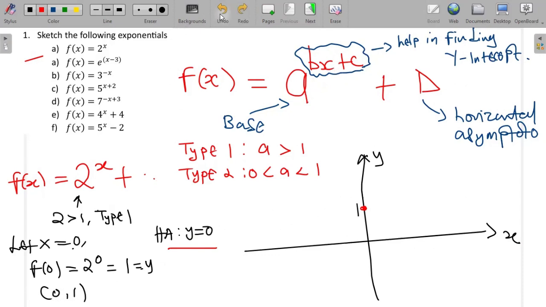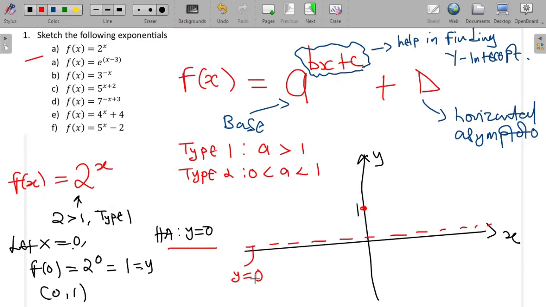So let's plot the horizontal asymptote. It's just y equals 0, the same as the x-axis. I'm going to plot a dotted line just above the x-axis like that to indicate my y equals 0, which is my horizontal asymptote.